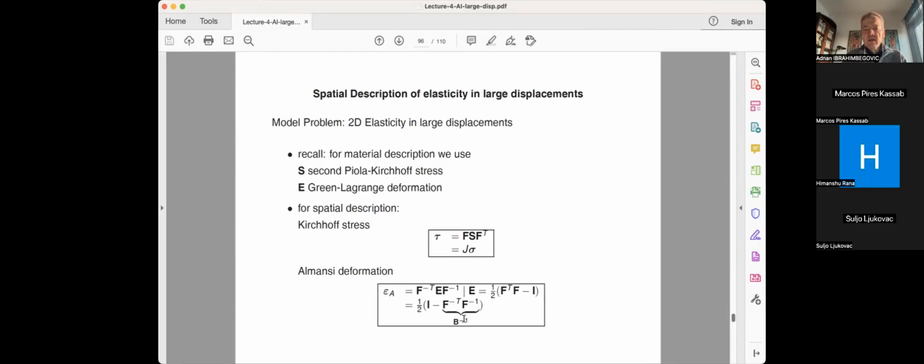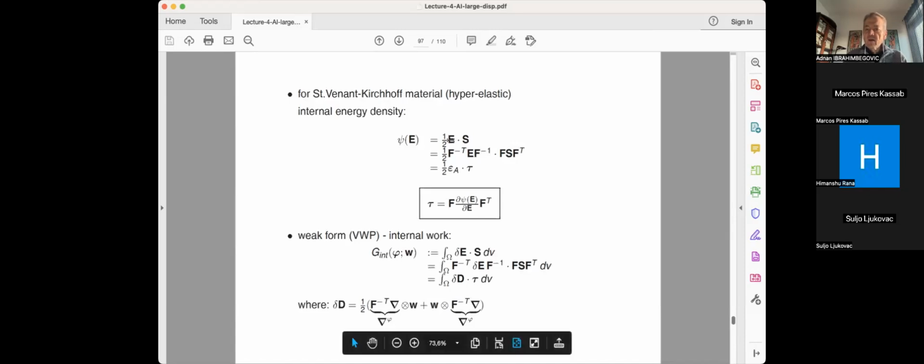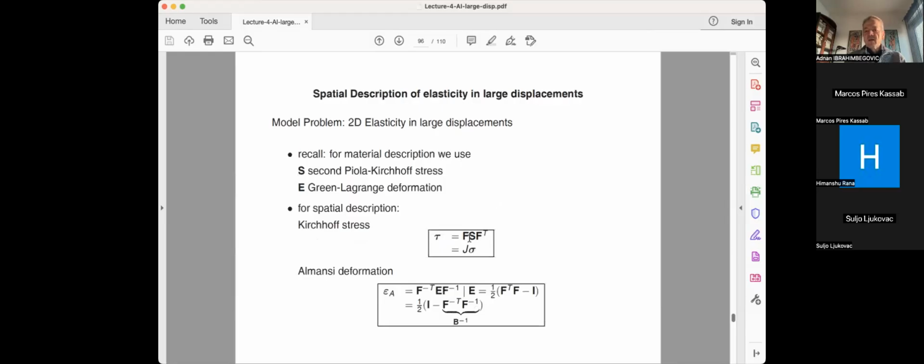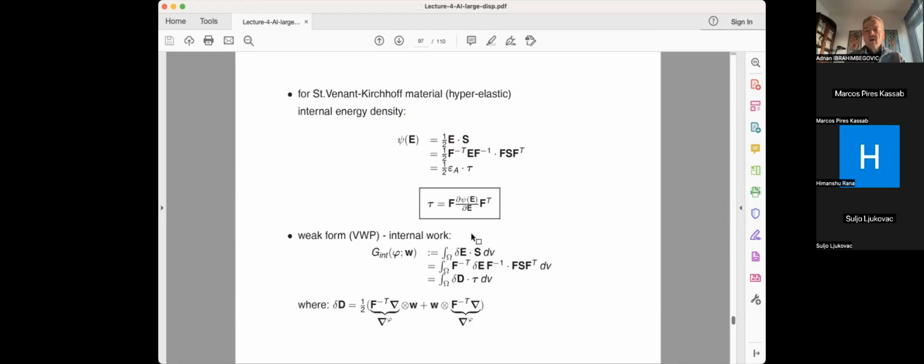So basically, I can then repackage the formulation. Initially, if I have internal energy for some material, I can write it as a quadratic form in the Green-Lagrange strain: 1/2 E times C times E. And C times E is the second Piola-Kirchhoff stress, so I can also write it as 1/2 E dot S. But then introducing the transformation I just alluded to, for tau and for the Almansi strain, this can also be written as 1/2 the Kirchhoff stress dotted with the Almansi strain.